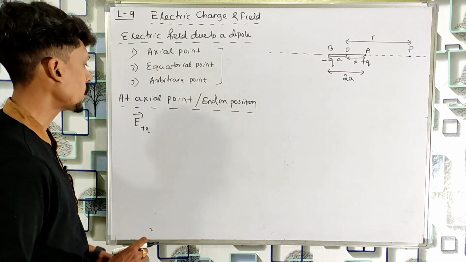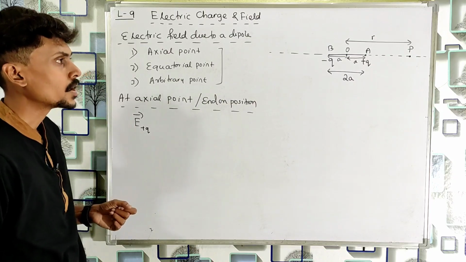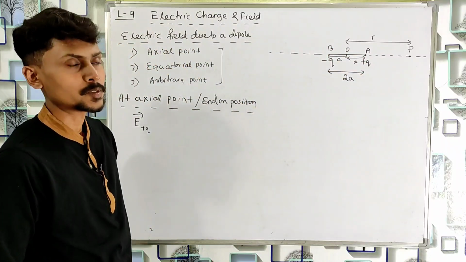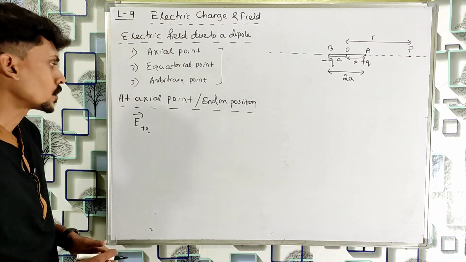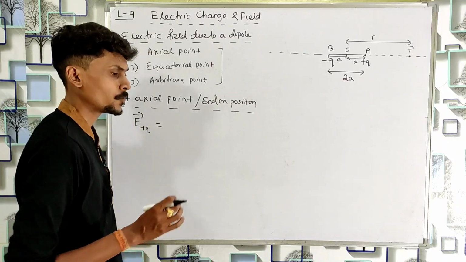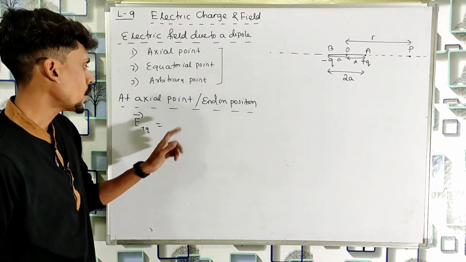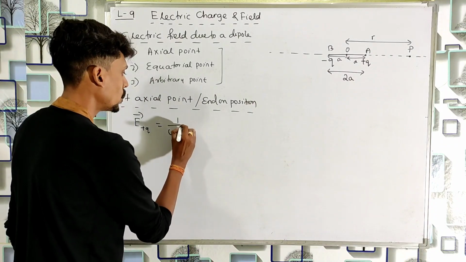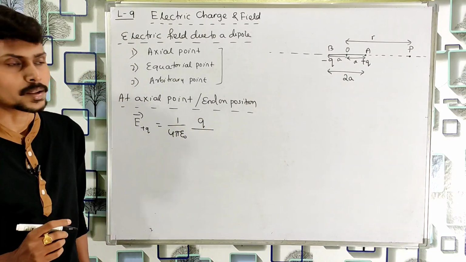At point P, what will be the expression for electric field intensity due to the positive charge? Let us first write the expression for the electric field intensity at the point P due to the positive charge plus q. So E plus q. We know that the formula for the electric field due to a point charge is 1 by 4 pi epsilon naught into magnitude of charge divided by distance square.